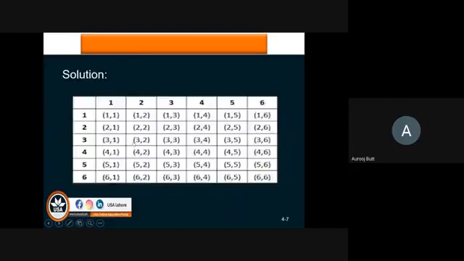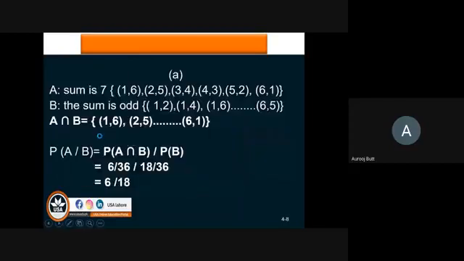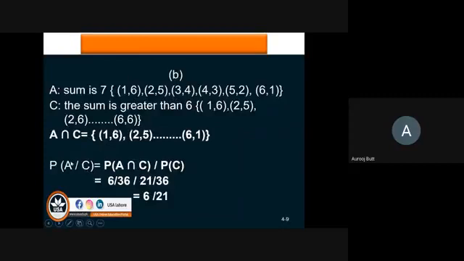All right. So you just need to replace it by event C, because you have to find the probability that the sum is 7 given that the sum is greater than 6. Greater than 6 means this event has come. So according to the formula, probability A intersection C means you take the intersection of both events, and that comes in the numerator, and you need to divide it by whatever is given under this condition.